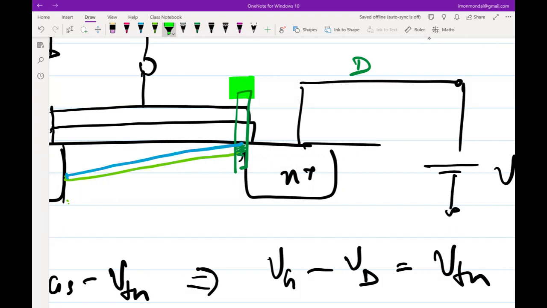You have water flowing through a pipe, and the tap is your gate. You can modulate the rate of flow by changing the tap. Now if you turn the tap fully off, then your water flow can stop.